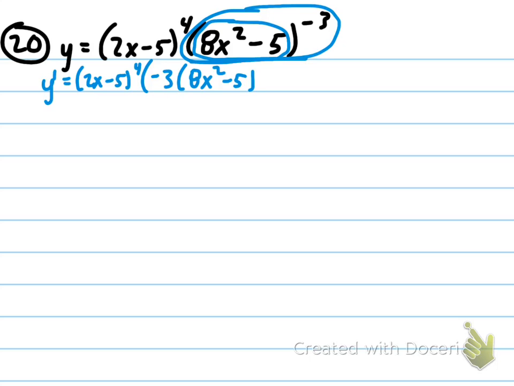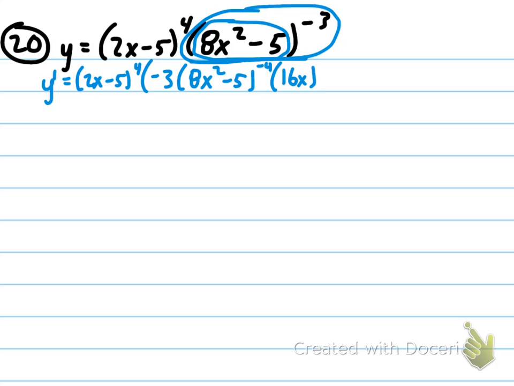The derivative of this is negative 3 times this thing to the negative 3 minus 1, and negative 3 minus 1 is negative 4. Well, that takes care of the outside, but the derivative of the inside is the derivative of 8x squared, which is 16x. The derivative of negative 5 is 0. So that takes care of the derivative of that second function.